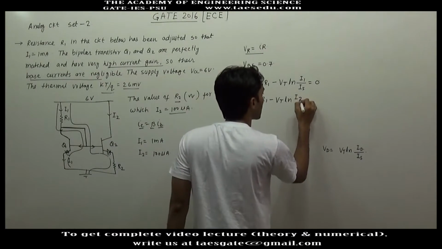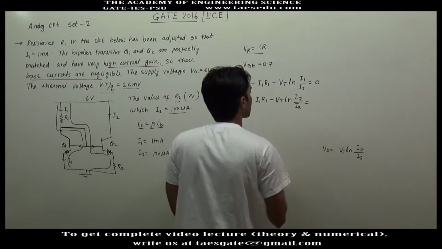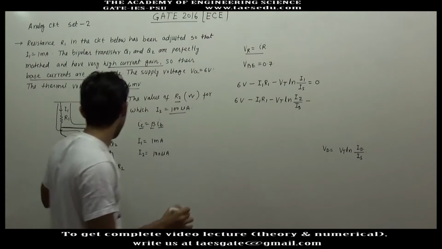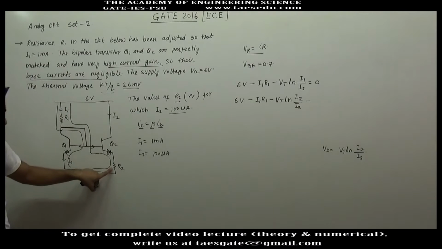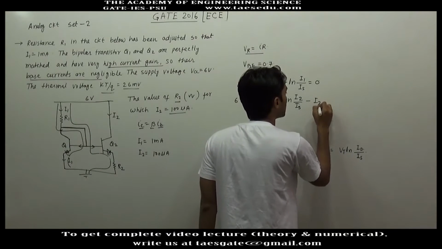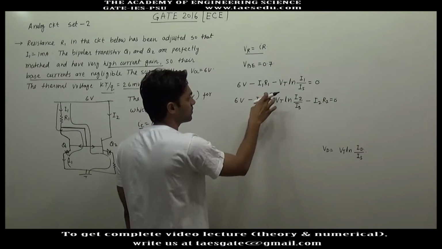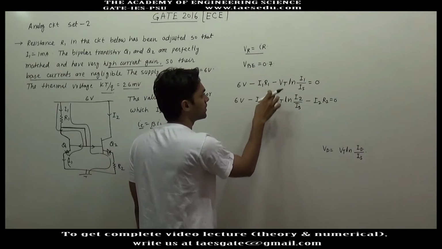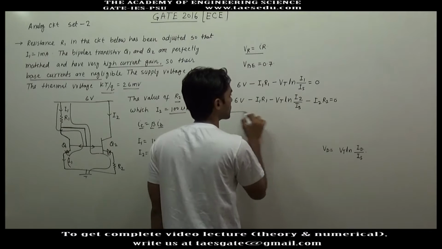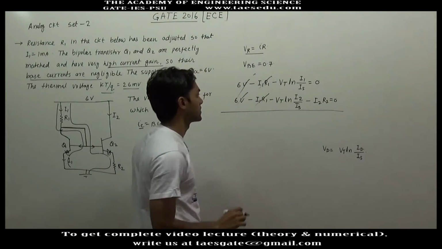So here we write VT ln I2 divided by IS, which is the voltage drop across the diode, and the voltage drop across R2 will be I2 into R2, minus I2 R2 equal to 0. Subtracting these two equations, 6 volt and I1 R1 will be cancelled.